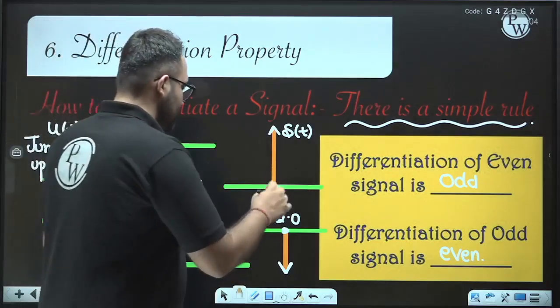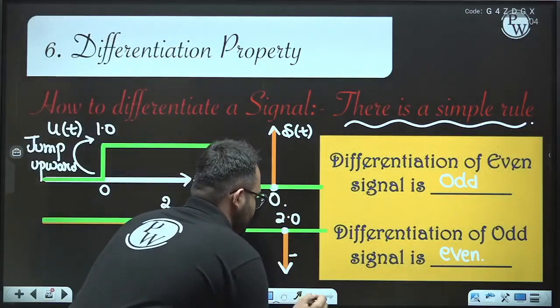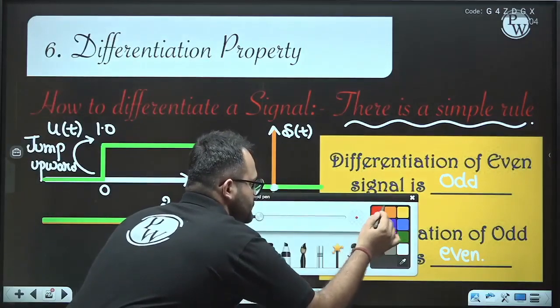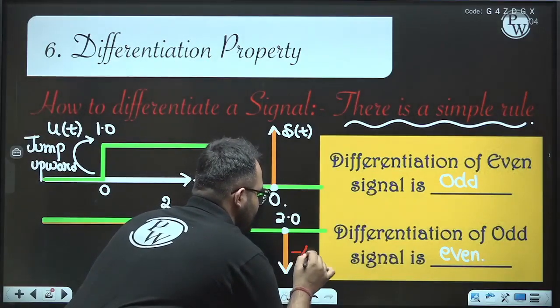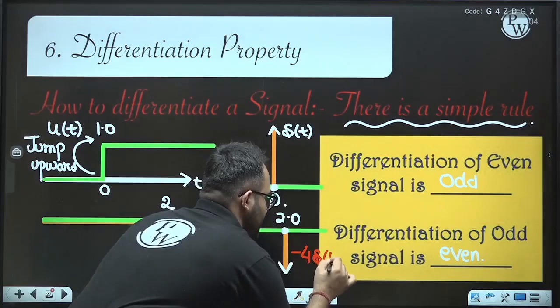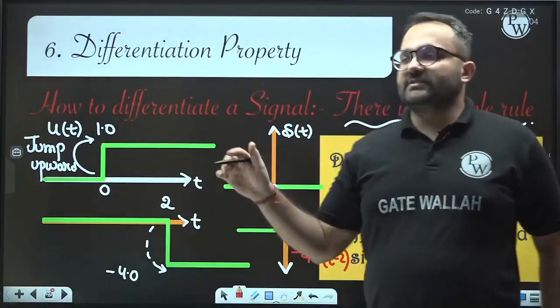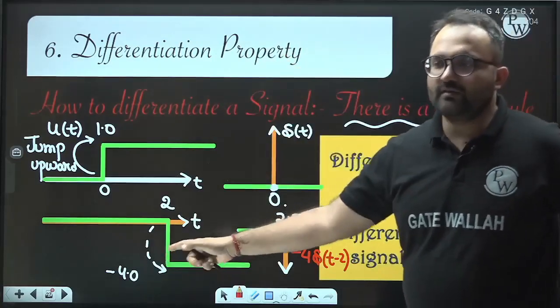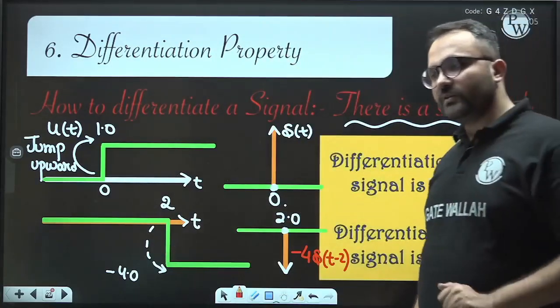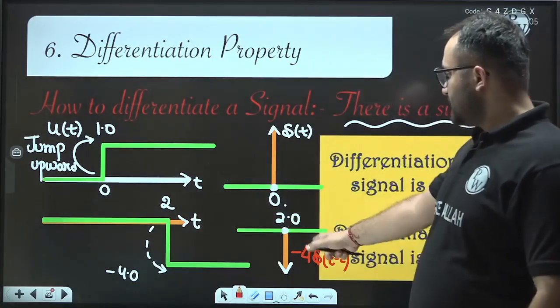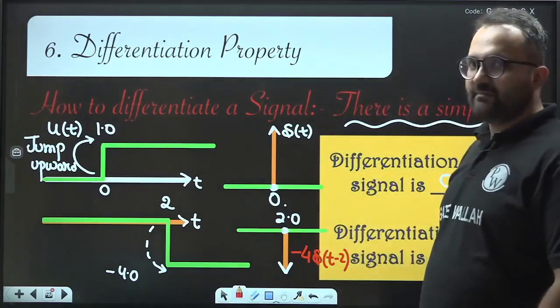So the delta will be -4 delta(t - 2). Why -4? Because the signal has a jump downwards of 4 units. So this signal will have -4 delta(t - 2).